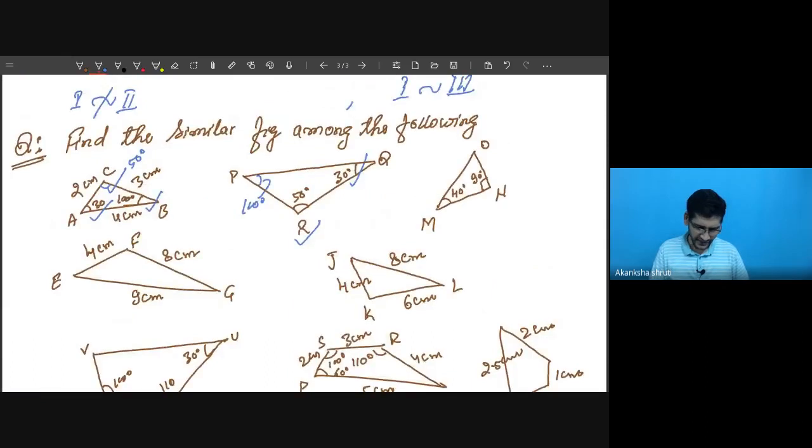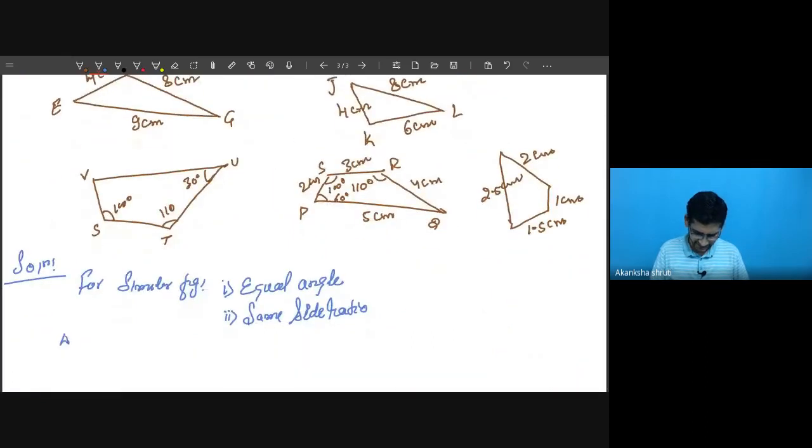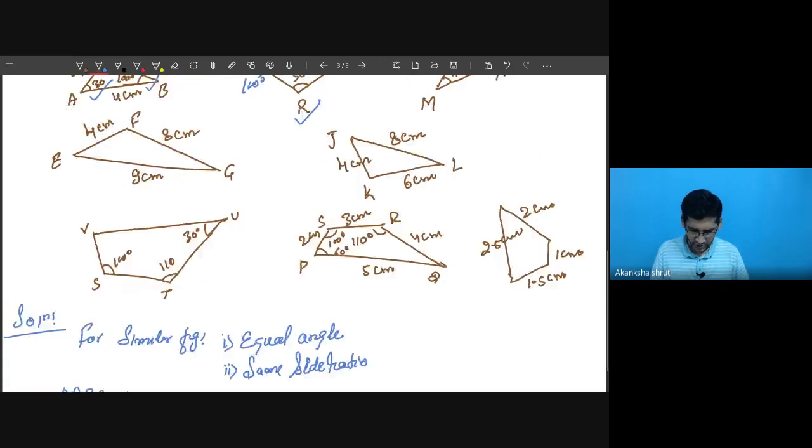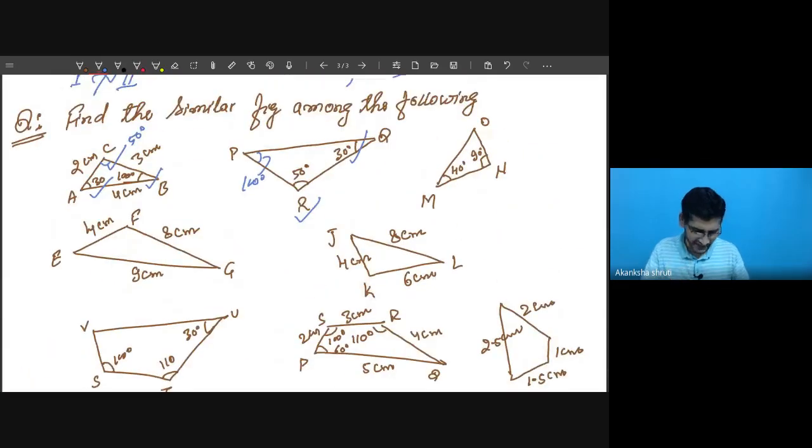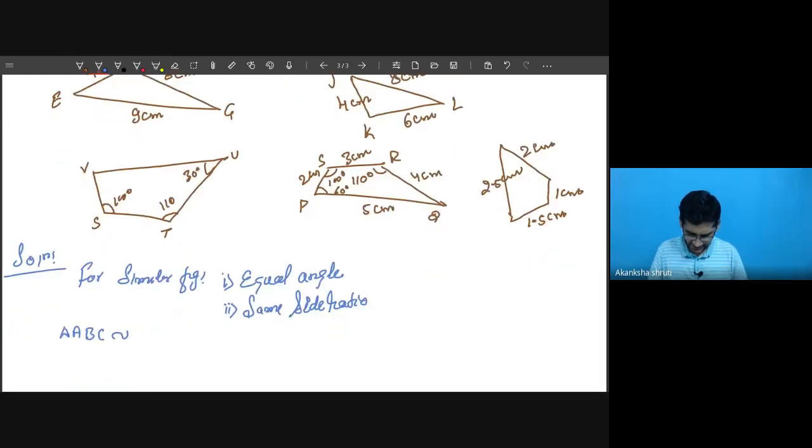We can write triangle ABC is similar to which triangle? Students, corresponding to A you have to search. Corresponding to A it is 30 degree and it is Q. So in place of A, for the other triangle PQR, you must write the Q first.